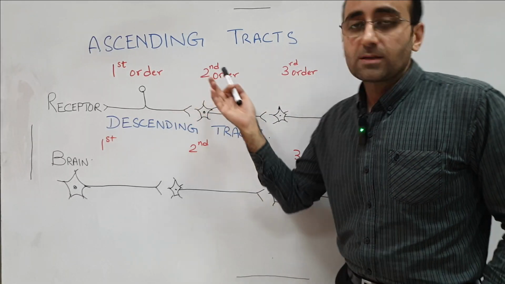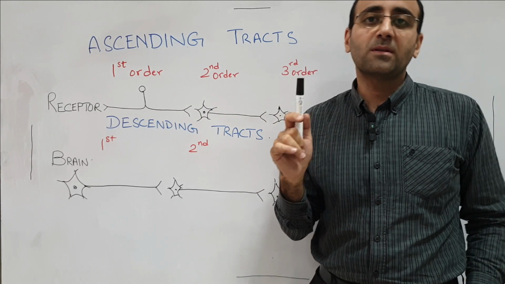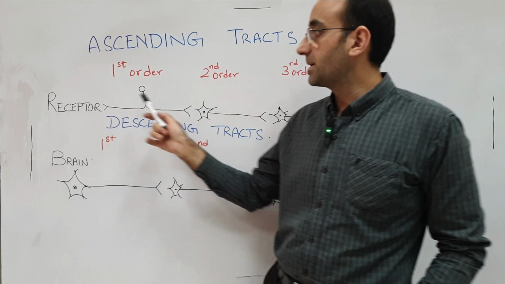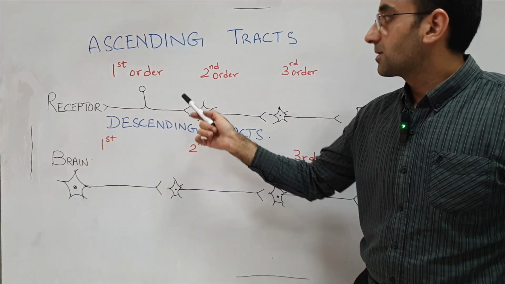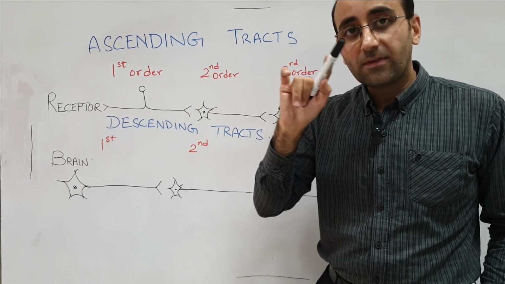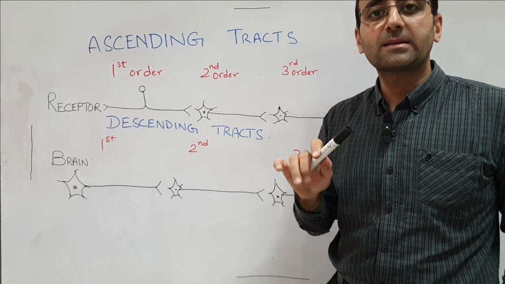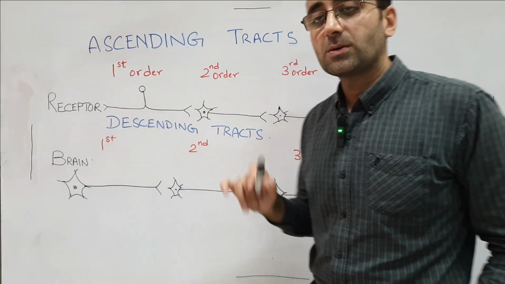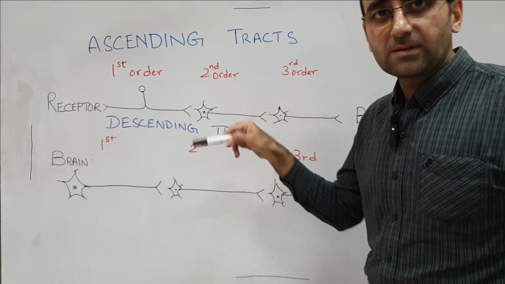Now, what are orders of neurons? The first neuron in the chain of neurons, in case of ascending tracts, which carries information from the receptor, is called the first order neuron. And the first order neuron in case of ascending tracts is always present in the posterior root or the dorsal root ganglion of the spinal nerve, which I have already shown you in the previous diagram.